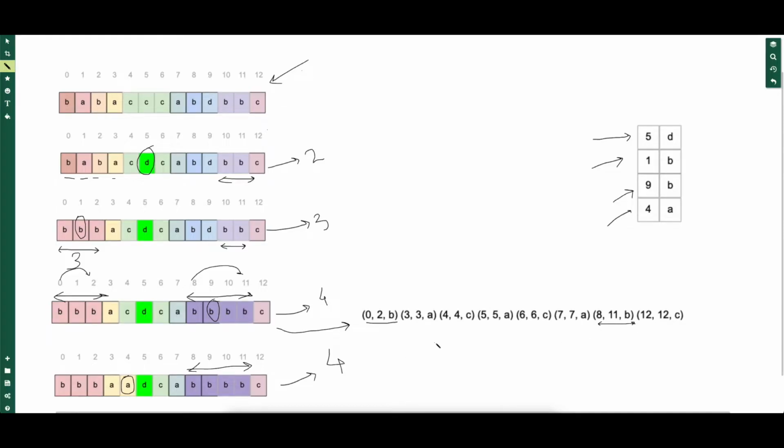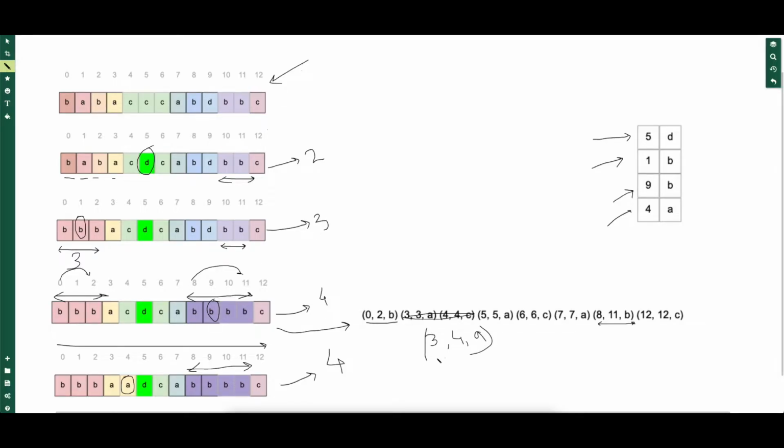Now after this, let's try to calculate this same array for this string after performing this replacing fourth character with a. So if we perform this, these two will be merged into a single range, which is 3 comma 4 comma a.